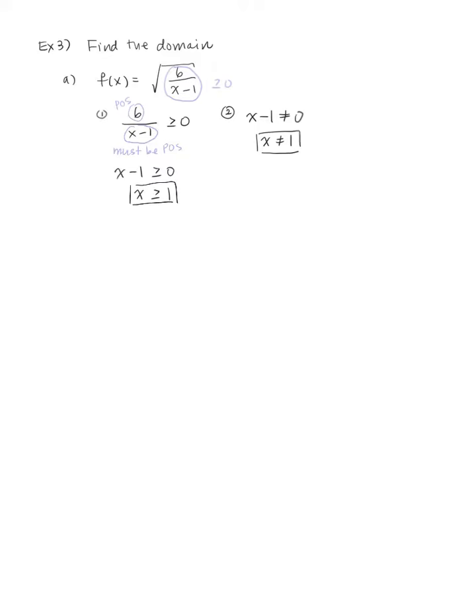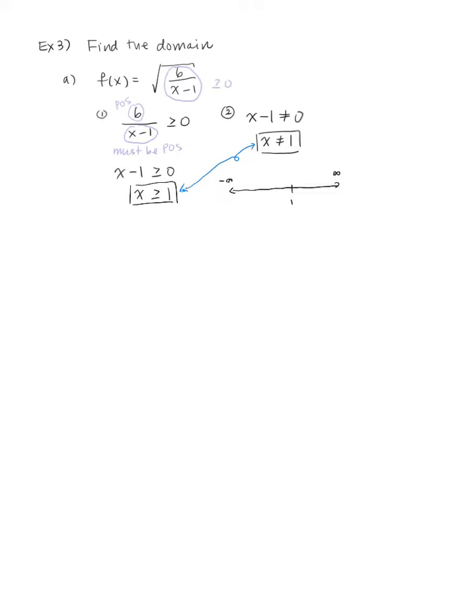Now what we need to do is analyze these two restrictions together. The restrictions are x must be greater or equal to 1, but at the same time, x cannot be 1. So let me draw this out on a number line. Suppose this is 1, infinity, negative infinity.